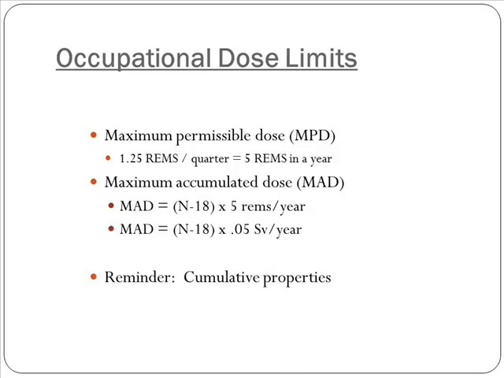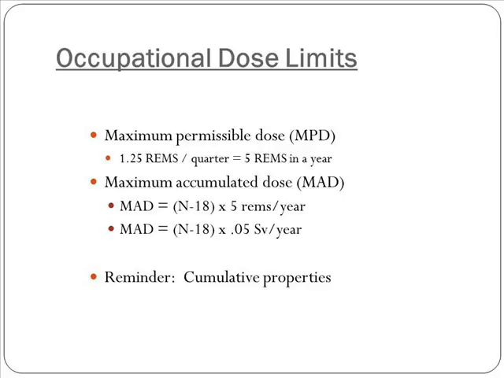And here are our occupational dose limits. Again, we already talked about this. As just a reminder, the maximum permissible dose, MPD, is 1.25 rems in a quarter or 5 rems in a year. And make sure you know the calculation of the maximum accumulated dose, which is lifetime dose, and memorize that formula.